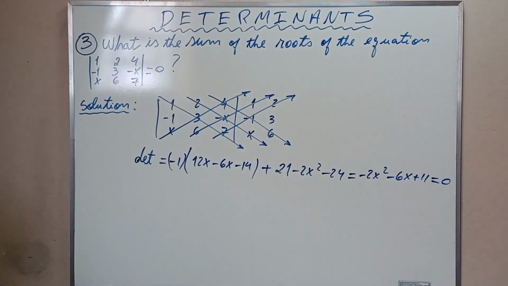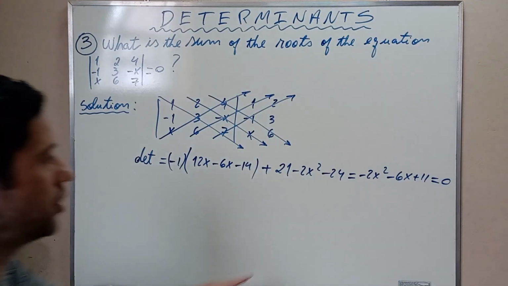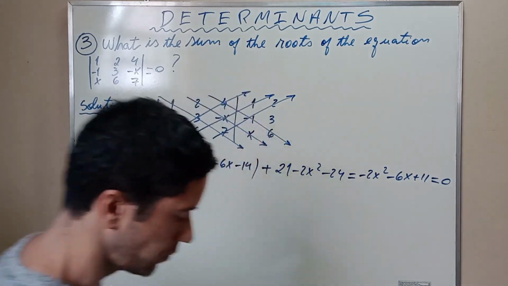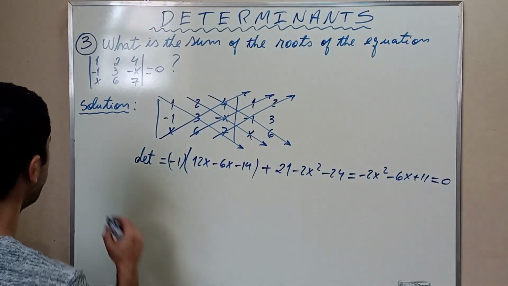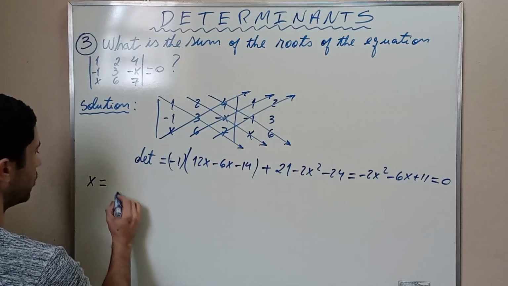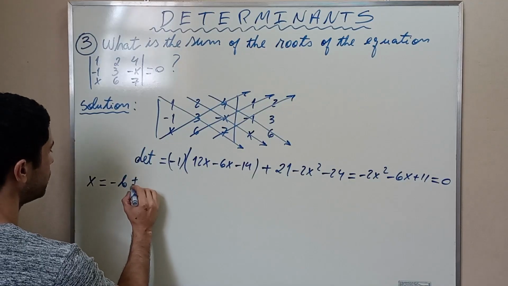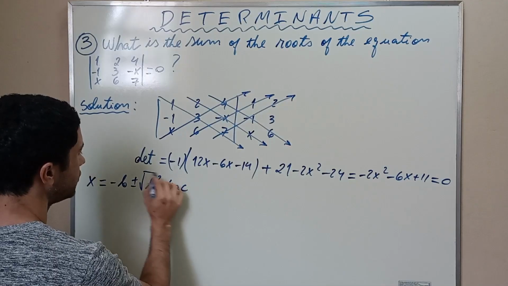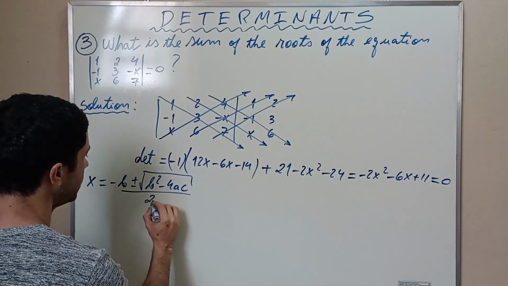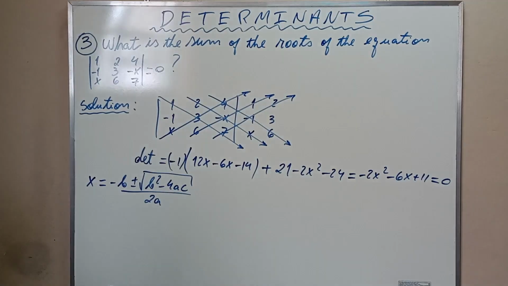And to find the roots of this equation, we use the quadratic formula. Alright, the quadratic formula is x is equal to negative b plus or minus the square root of b squared minus 4 times a times c, divided by 2 times a. This is the quadratic formula. We're going to use it.